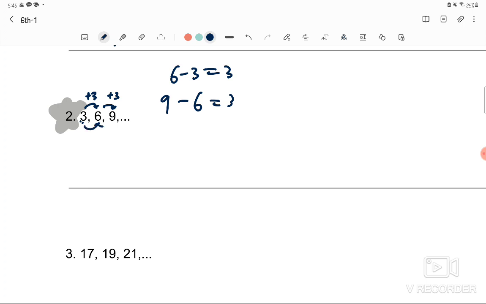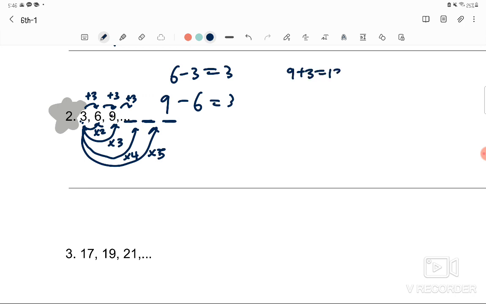But you can also think of it this way: 3 times 2 is 6, 3 times 3 is 9, and for the 4th, 5th, and 6th terms, 3 times 4 will be something, and 3 times 5 will be something. So let's try it. 9 plus 3 is 12, and 3 times 4 is also 12.